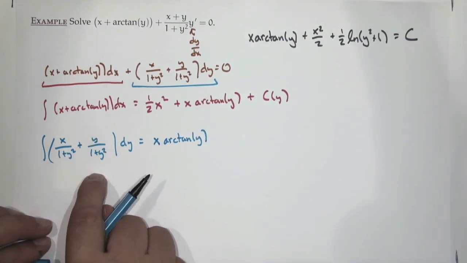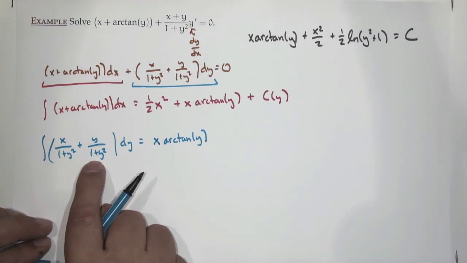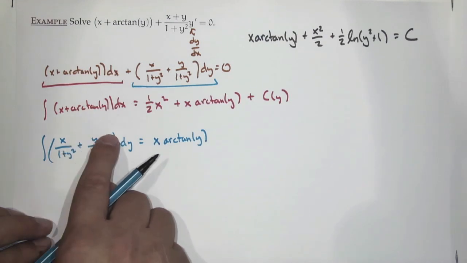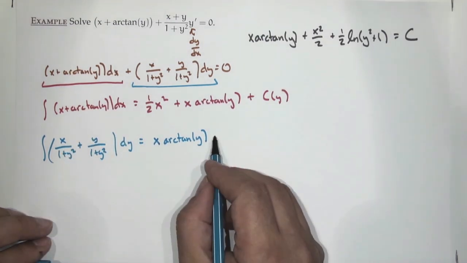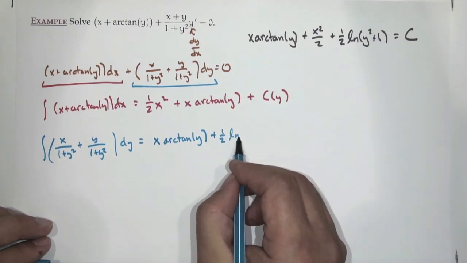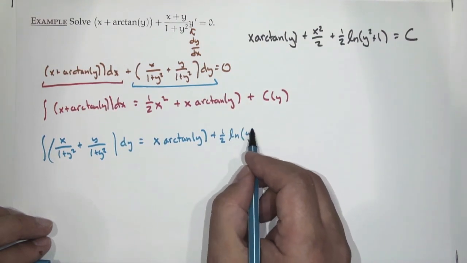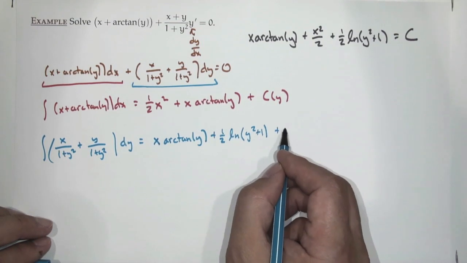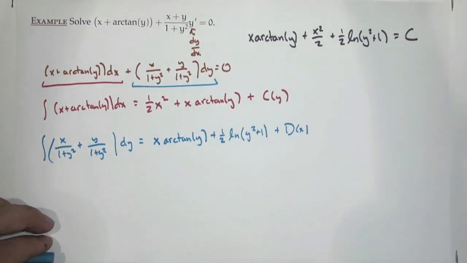And for y over 1 plus y squared, use u substitution. U is the denominator, du would be 2y dy, so you're off by 2, so that's where you get a factor of a half. Natural log of 1 plus y squared, or we can say y squared plus 1, and then plus something that depends only on x.